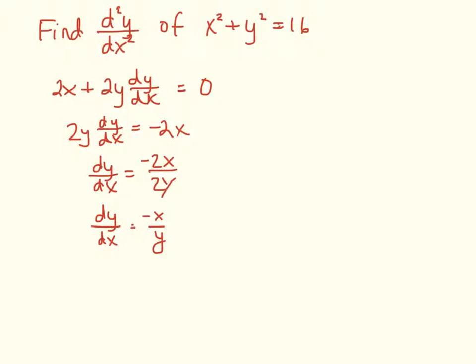All right, so if I took the derivative of dy/dx, that would be my d2y over dx squared is equal to. Now the derivative of the right-hand side, well, that looks like the quotient rule to me.